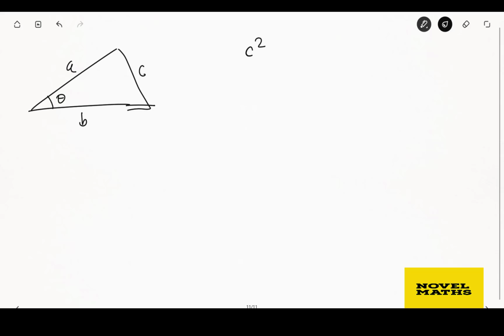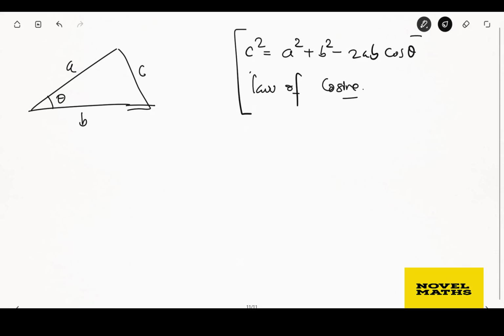The law of cosines says c square equals a square plus b square minus 2ab cos of this angle, theta. This is the law of cosines. And from this law, can you think how to calculate the distance between two polar coordinates? Let's see.